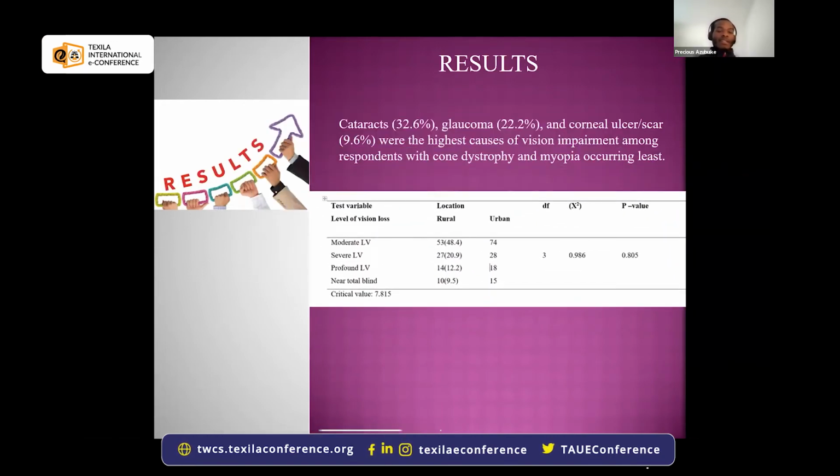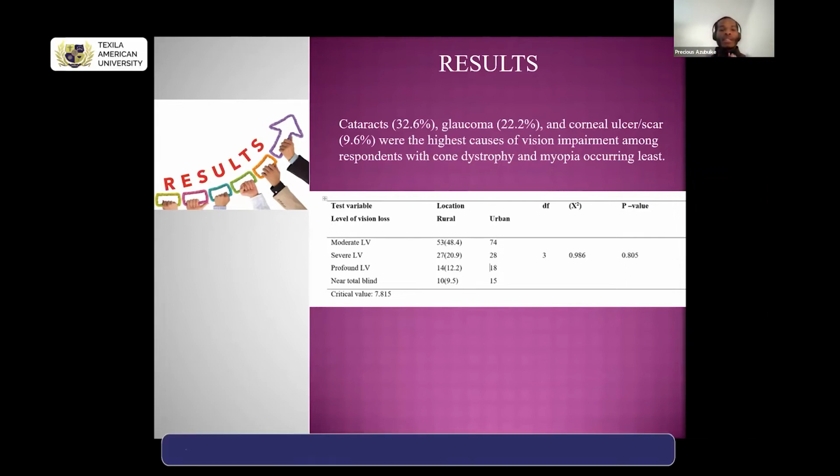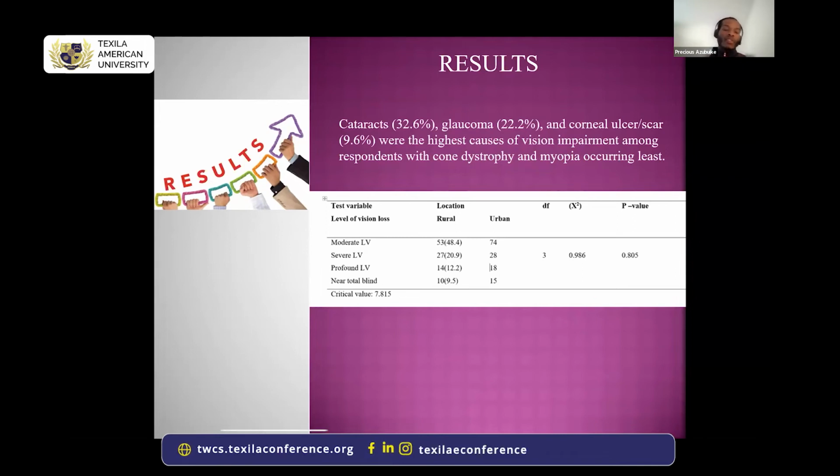We tested a hypothesis, since the outreach targeted rural and urban areas in each of the states we went to. We were trying to test if there was a relationship between living in a rural or urban area and having low vision.